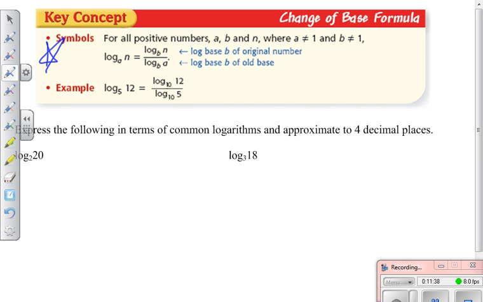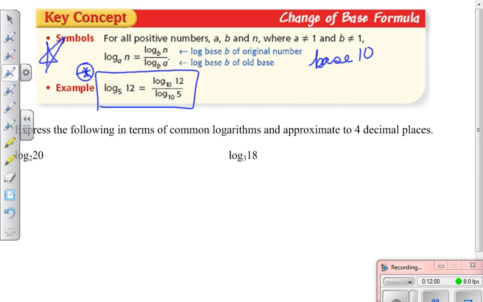And it says log base a of n. If I want to go to base 10, really if I want to go to any base, but for calculators, if I want to go to base 10, I take log base b of n, the original number, divided by log base b of a, old base. I think it's easiest to see in this example.